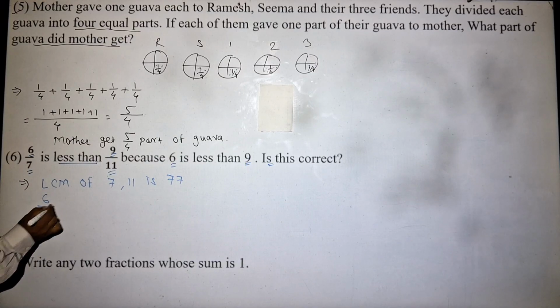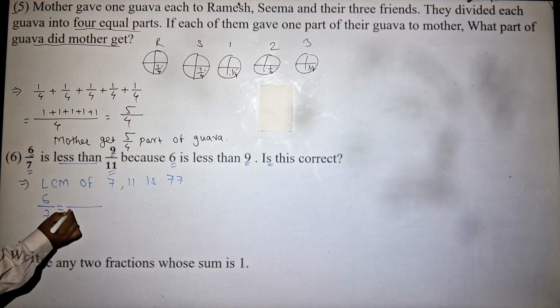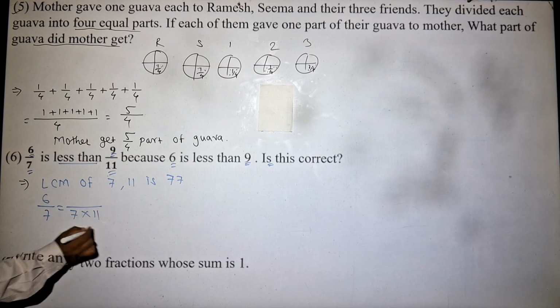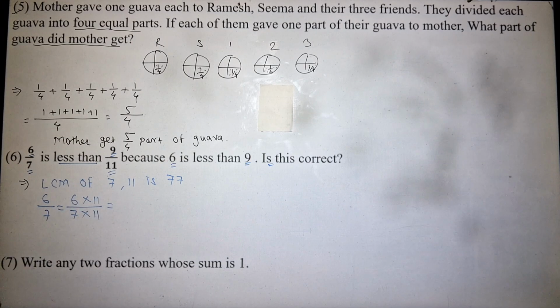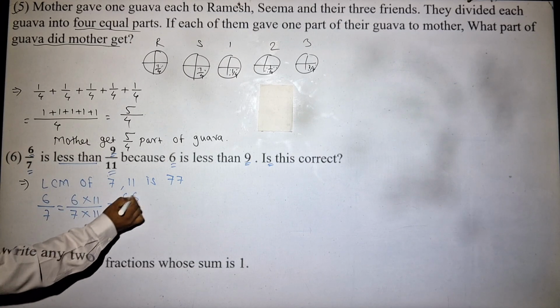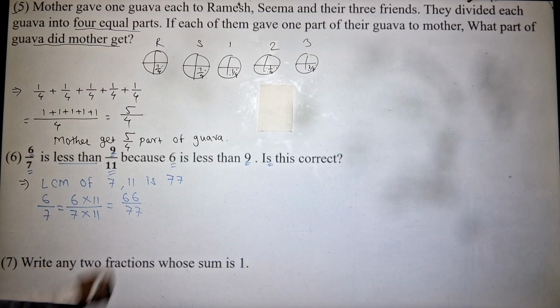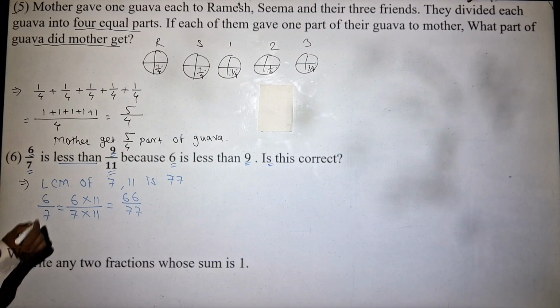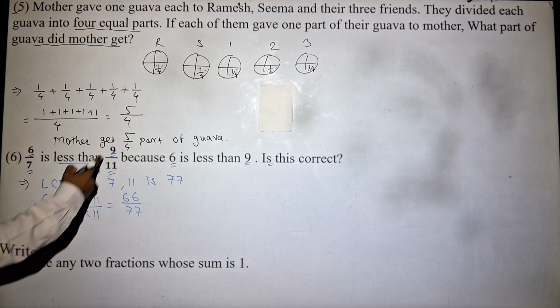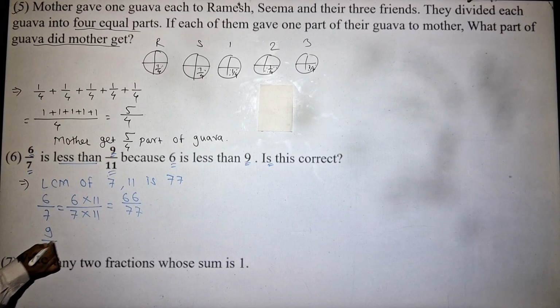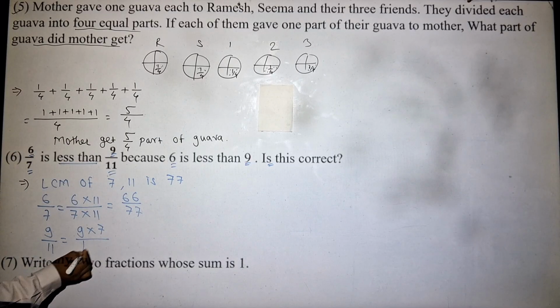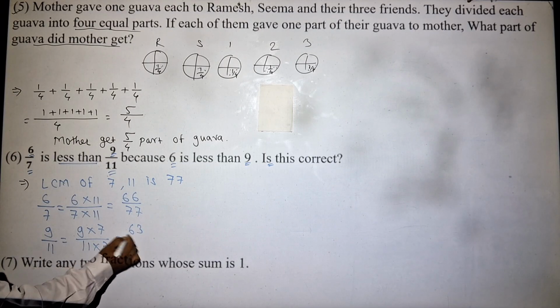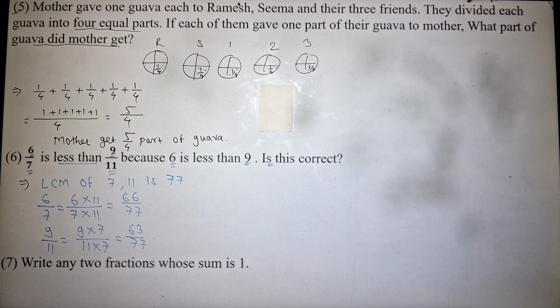Next one, 6 by 7 can be written as 6 into 11 over 7 into 11. We get the answer 66 by 77. Here 9 by 11 can also be written as 9 into 7 over 11 into 7, which is 63 by 77.